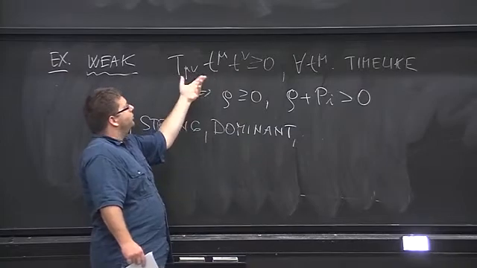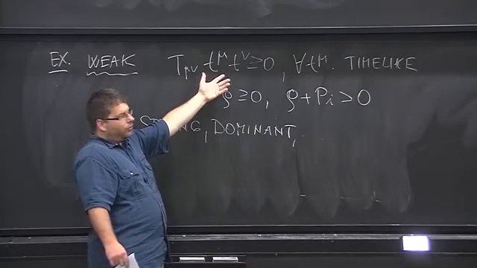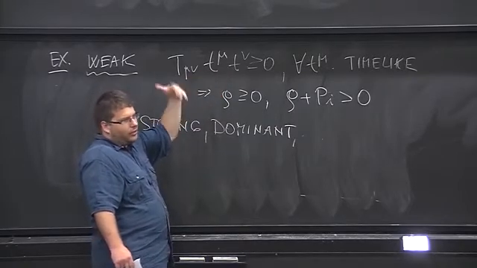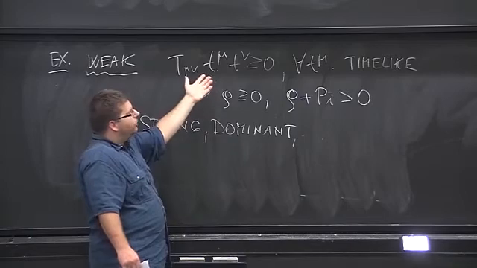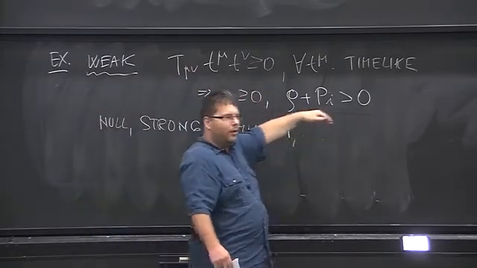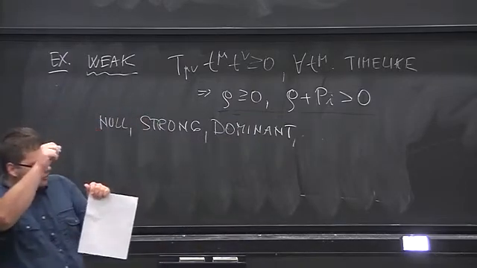This is a scalar, and I can calculate it in any coordinates I want. Typically these things are stated in some orthonormal frame where I can diagonalize my T mu nu. So I just introduce an orthonormal frame.